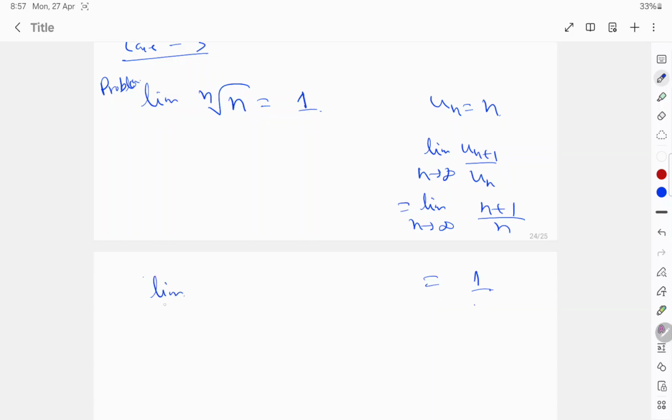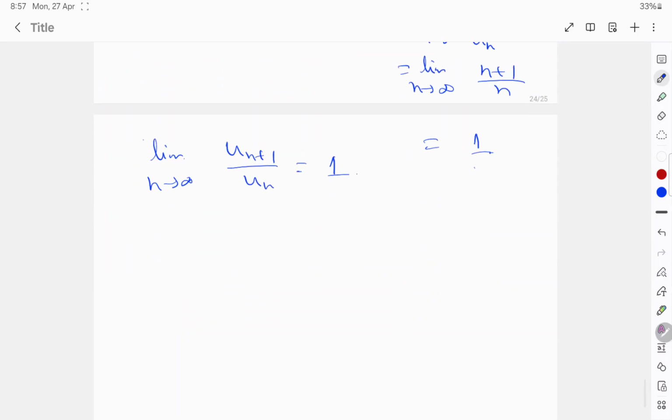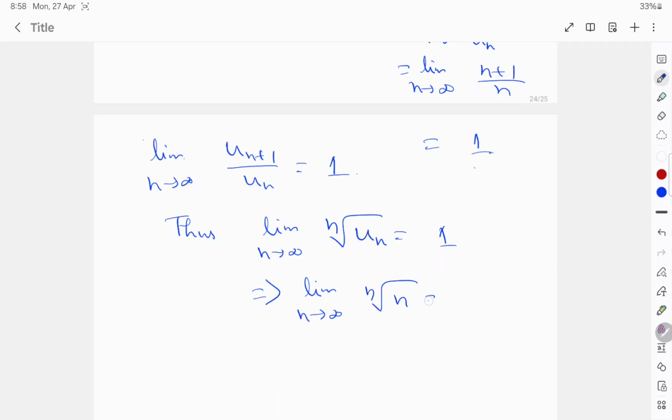So limit n tending to infinity un plus 1 by un will be then 1. Okay, next one is your homework.